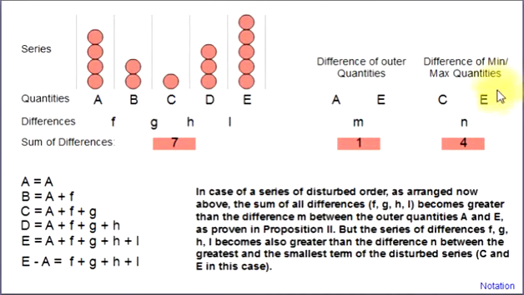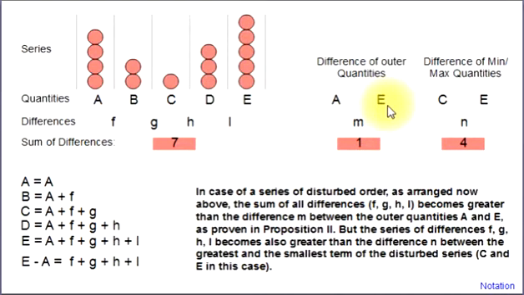This min-max difference is basically the largest which the outer quantities could become.